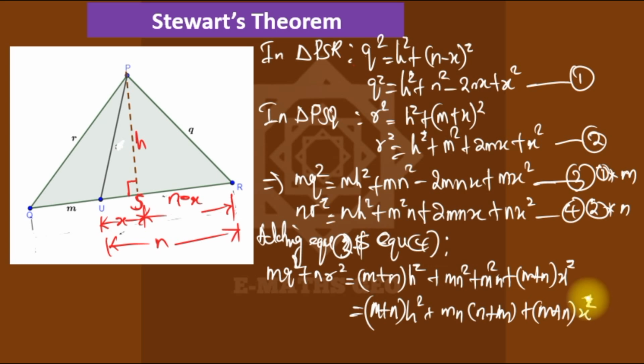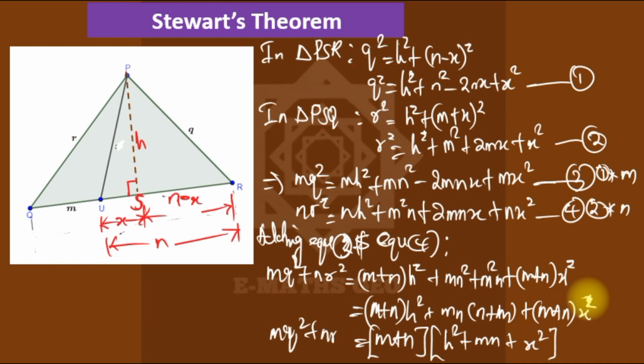What do you notice? They all have M plus N, so we factor it out. We are left with (M plus N) times (H squared plus MN plus X squared). So this is MQ squared plus NR squared. Remember what we are looking for.